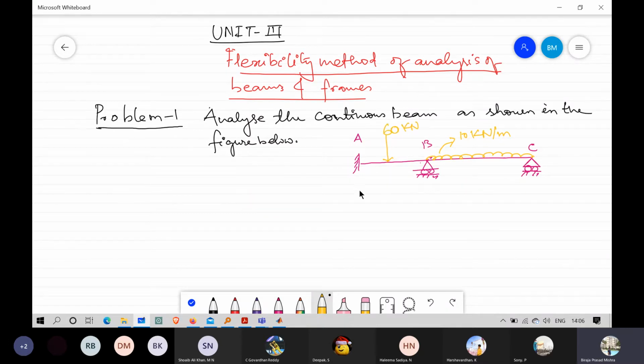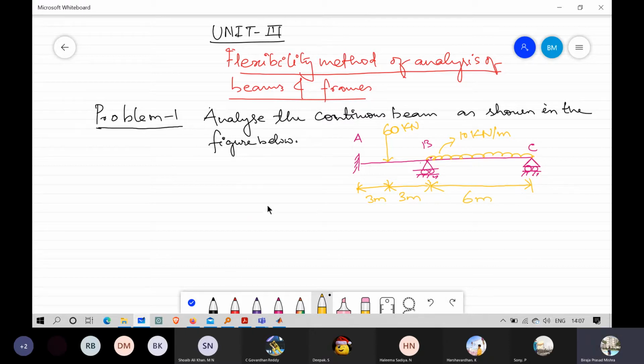The distance between these two is 3 meters, and this is also 3 meters. This one is 6 meters.